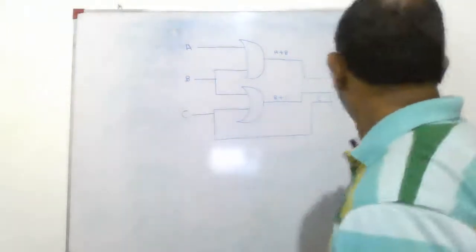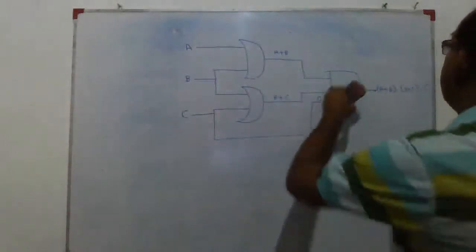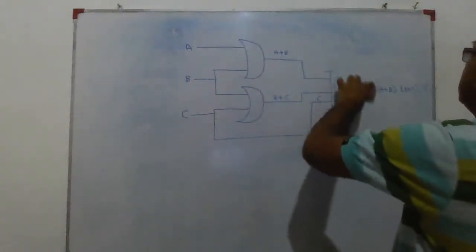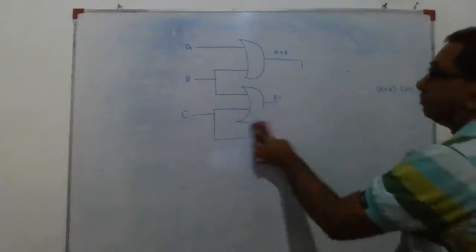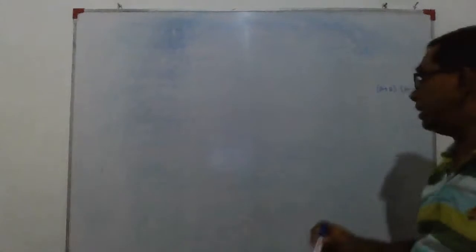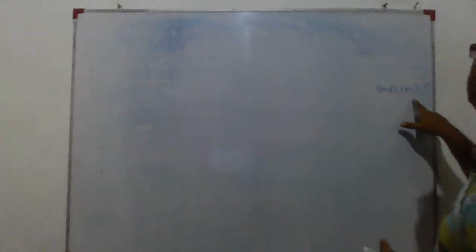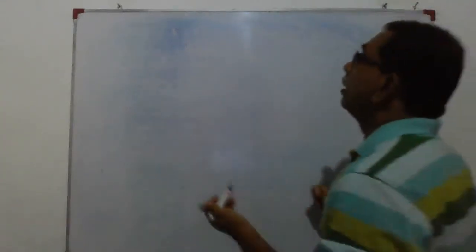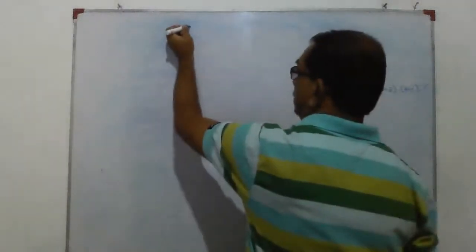Right. I would like to show you how to draw the truth table here. Now the expression is here. I keep it. I delete the entire logic circuit and see the statement here. A OR B and B OR C and C. Now I put the statement here.